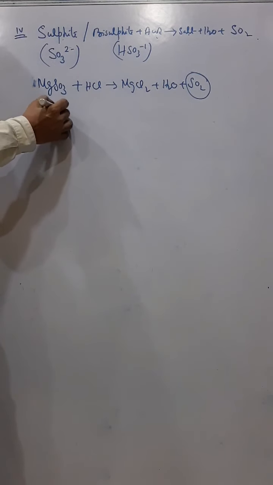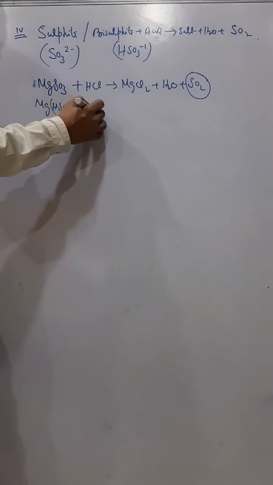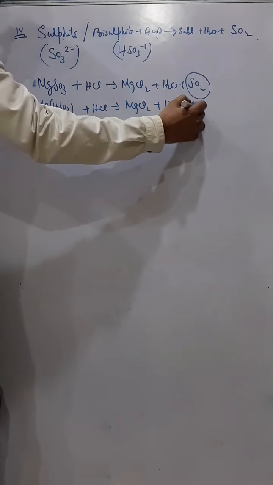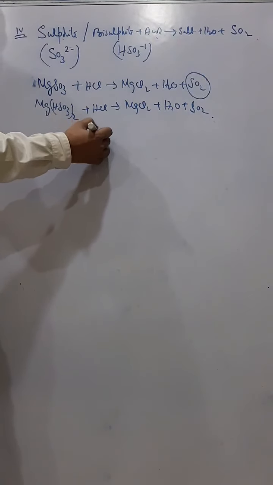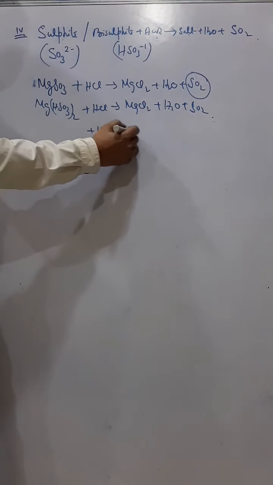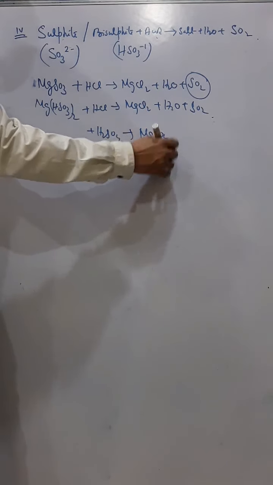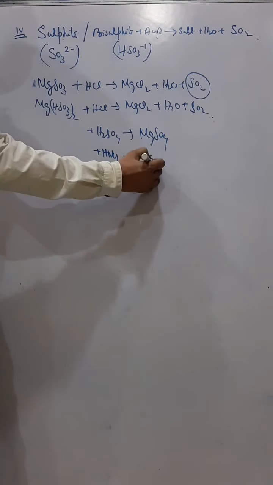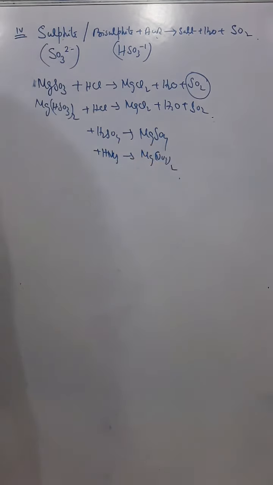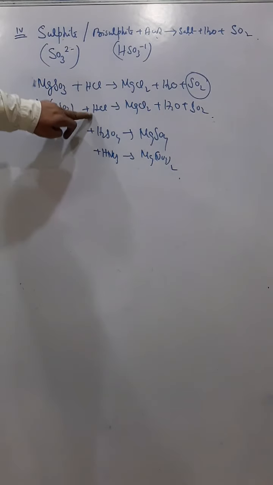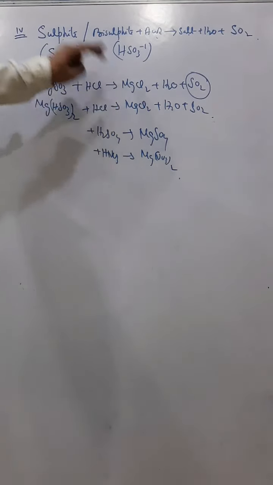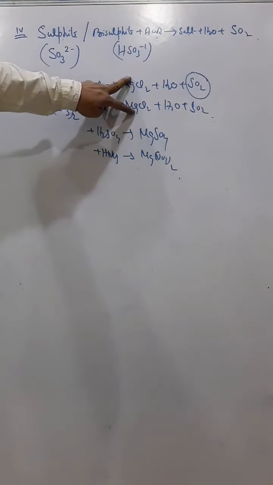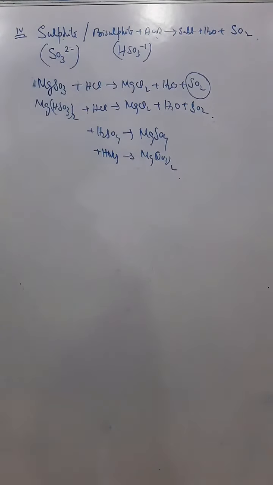Similarly, Mg(HSO3)2 plus HCl gives MgCl2 plus H2O plus SO2. Same for H2SO4; the only difference is you will get MgSO4, and with HNO3 you will get Mg(NO3)2. Understand? So instead of HCl, if you use H2SO4, the only difference is magnesium sulfate. Ultimately any sulfite or bisulfite reacts with an acid to give you salt plus water plus sulfur dioxide.